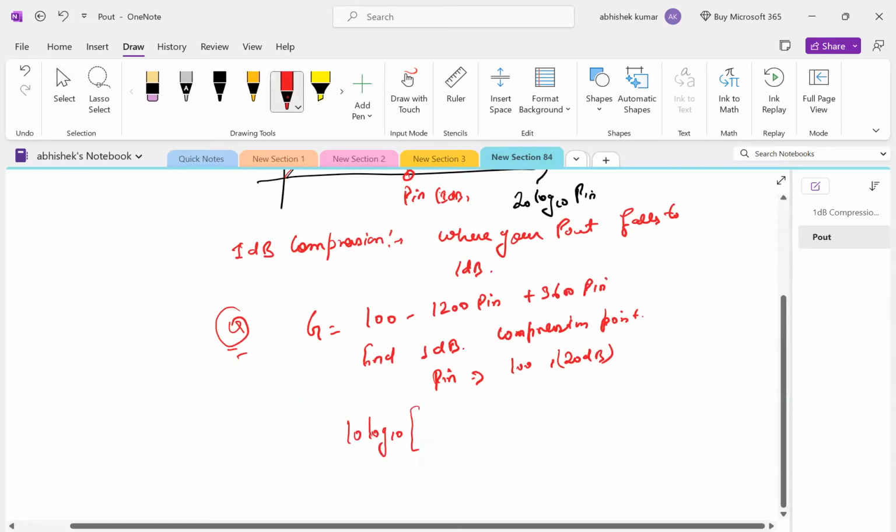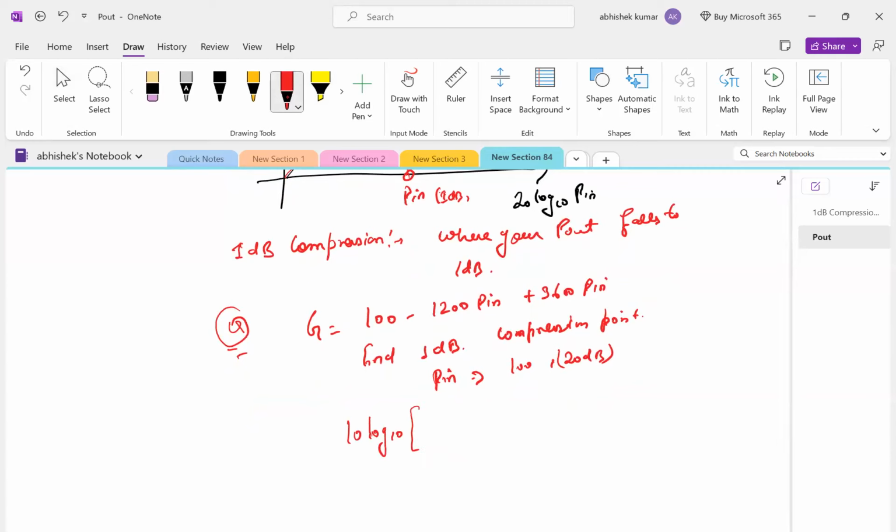You will take that your gain falls, it means, what is your output? P output is P input times gain.